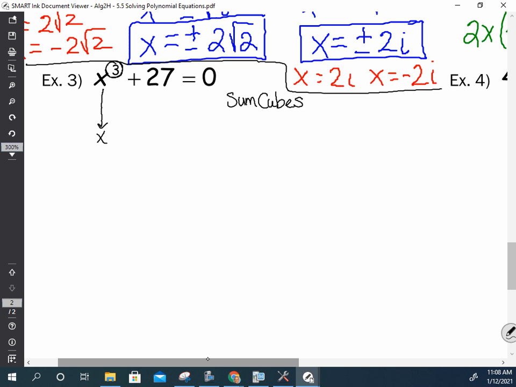That's x. And then what to the third power will give you 27. That's 3. So you got to break the problem down first. Sum of cubes has a formula for it: a plus b, a squared minus ab plus b squared.